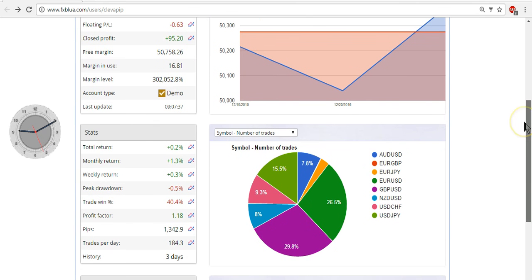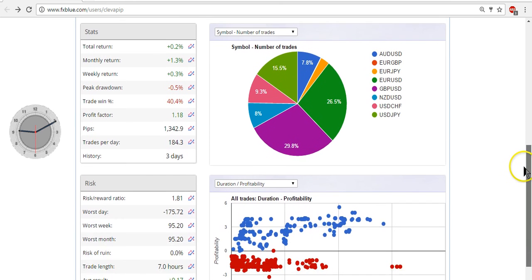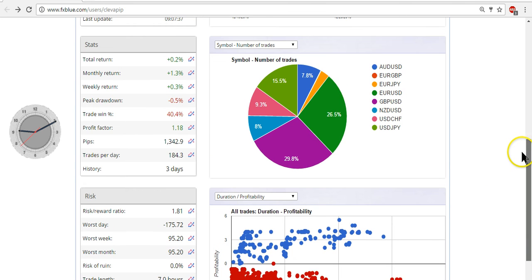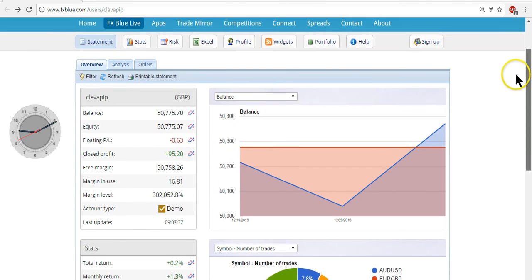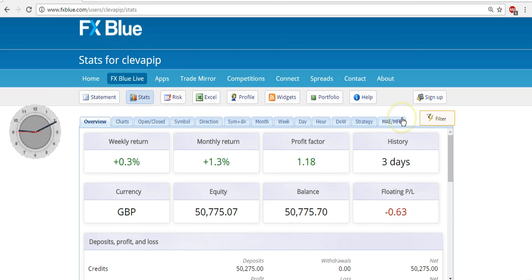Those are stats. See, bad win percentage. FX Blue only allows one account. And I don't know what 95 means. Here's the stats. Okay, I'm making 3%.